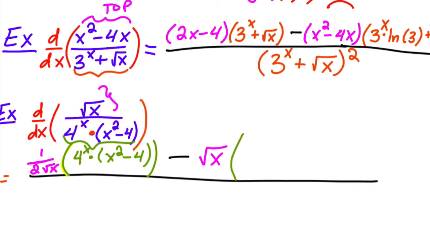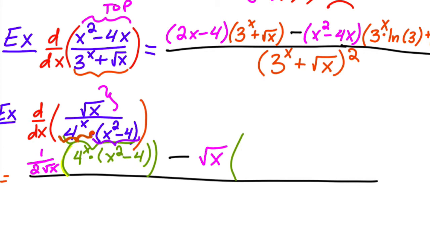Now when I get the derivative of the bottom, I'm going to have to do the product rule. Let me use another set of colors. I'll call this one the first, brown, and the second purple.